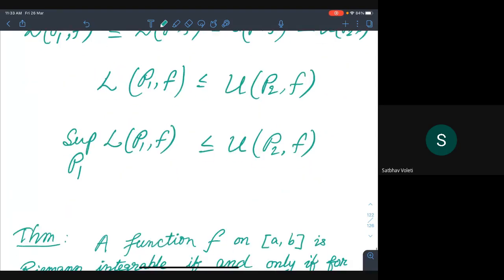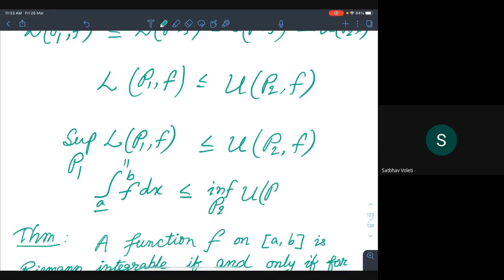So this one will be the lower integral from A to B of f(x) dx, and again one can take the infimum over P2 of U P2 f, which will be the upper integral from A to B of f(x) dx.